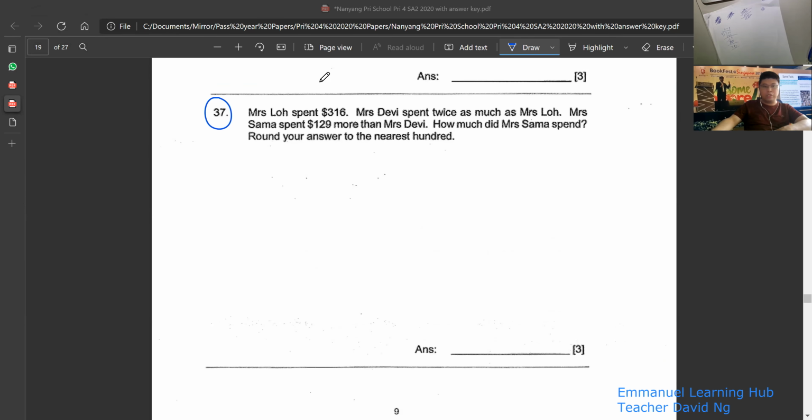37. Mrs. Low spent $316. Mrs. Devi spent twice as much as Mrs. Low.